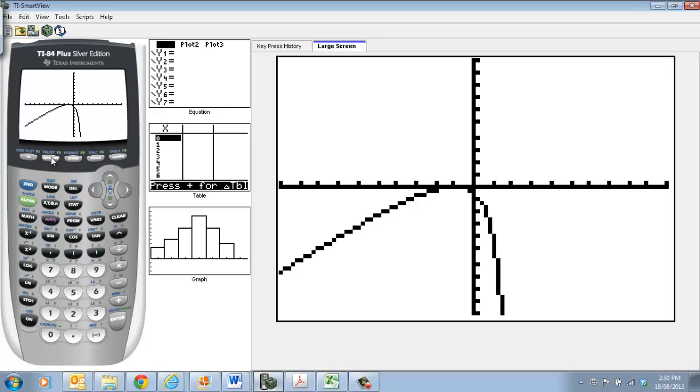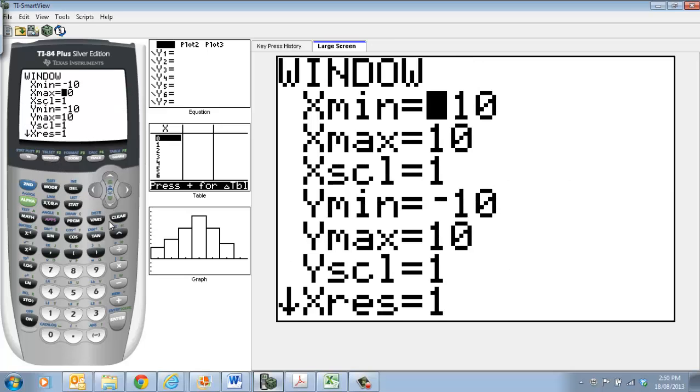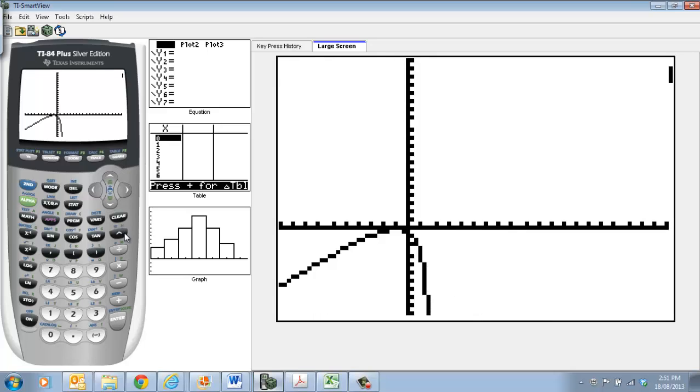If you don't see the top bit, we're expecting something to come down like that. What you need to do is change your window. So maybe I increase that to 20, increase that one to 20 as well, because the bottom one we can see, it's just the top one we can't, and graph that, and then you can see that that's actually matching, and that would be the line going through there of x plus 4. So that matches what we're expecting to see.